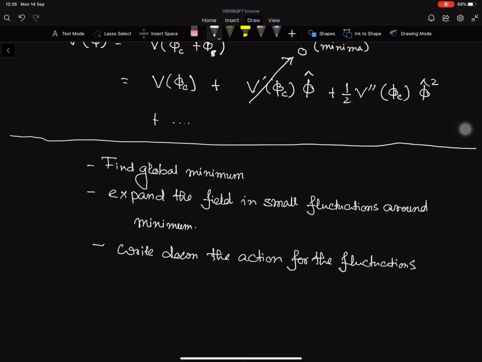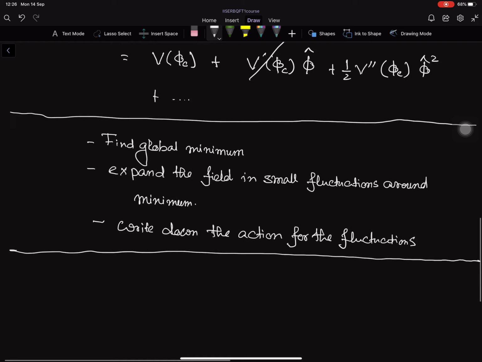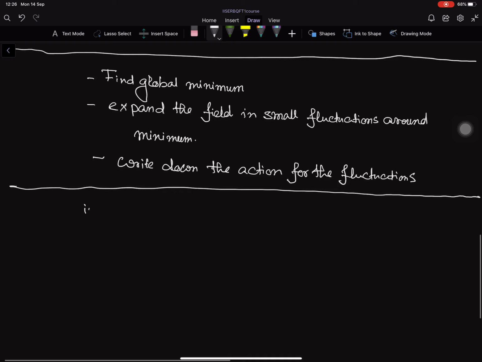This is an important step to set the stage for quantization. Because you remember that the method we are following here is canonical quantization. So in canonical quantization, we quantize fluctuations, not the field itself.